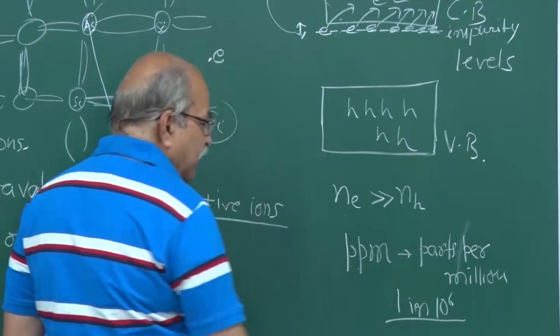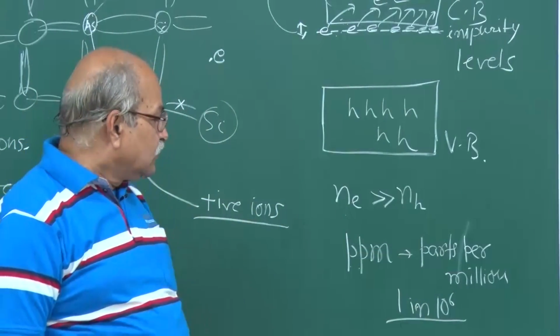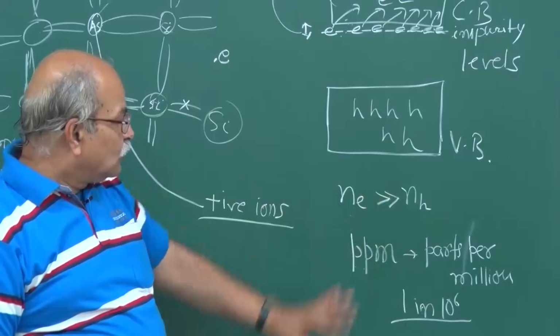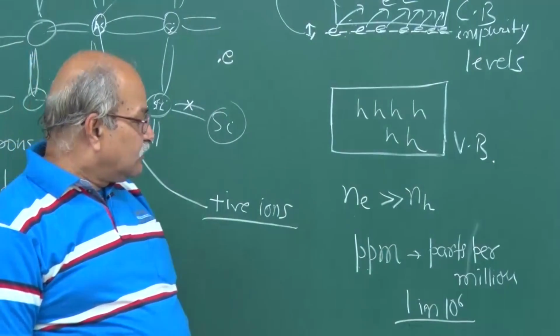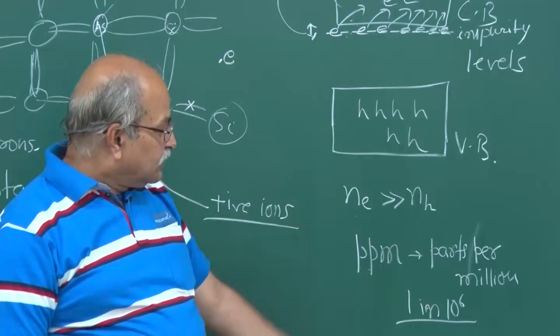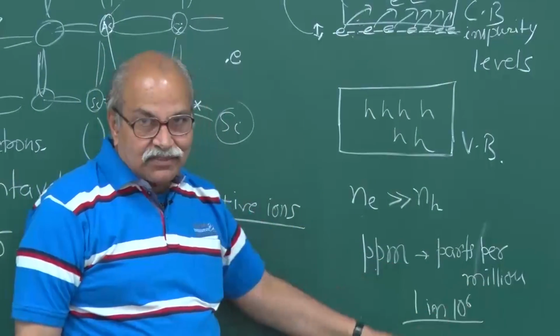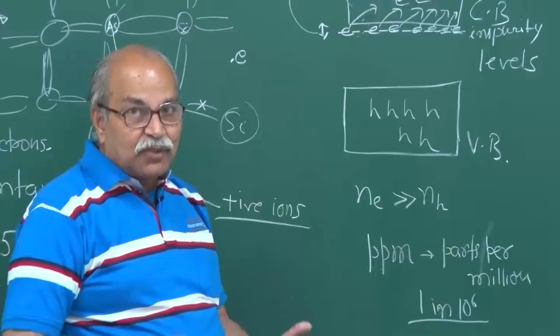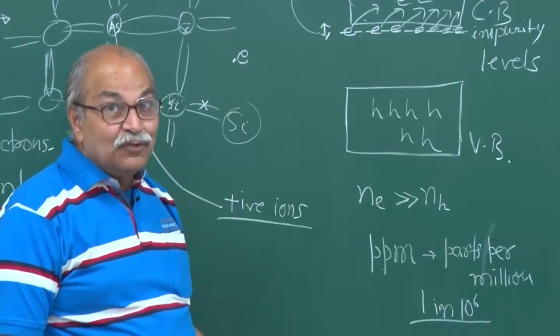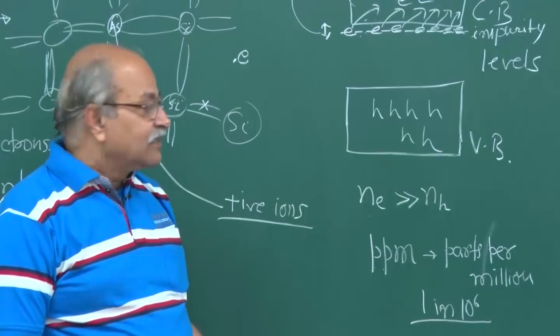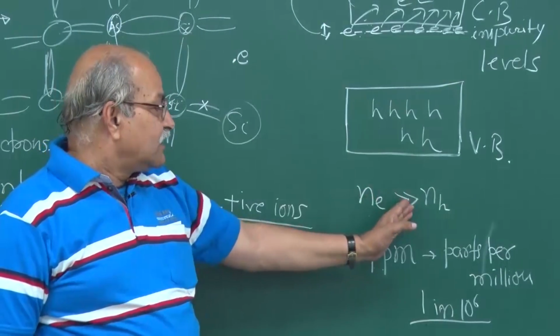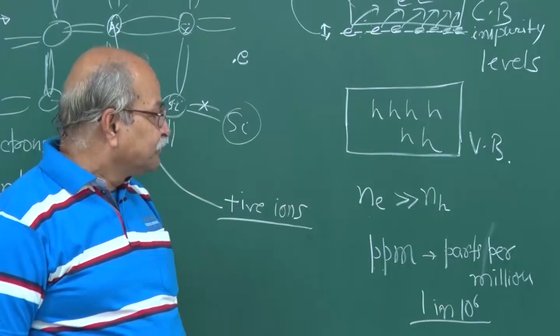So that is called ppm, parts per million. So this type of doping, if you do, then you will have some 1 part in 10 to the power 6. So that's the fraction. You are putting new conduction electrons there. So this Ne will be much larger than this NH.